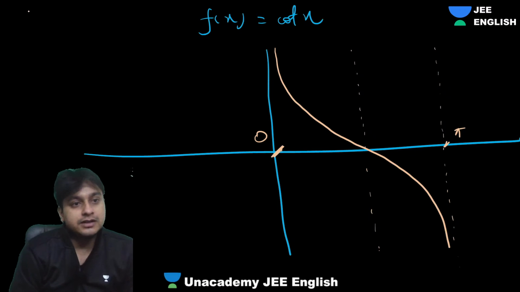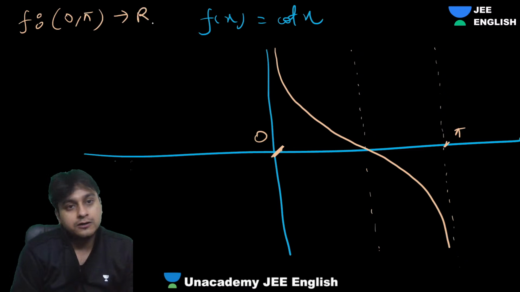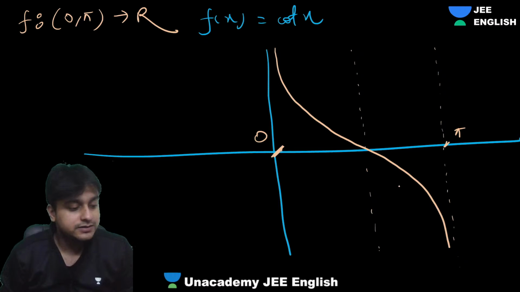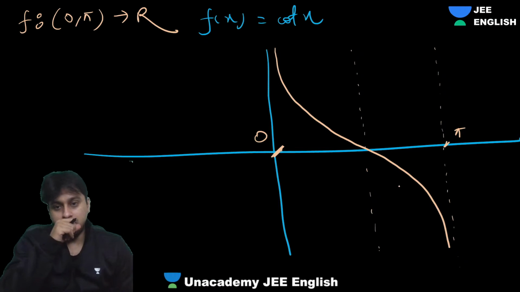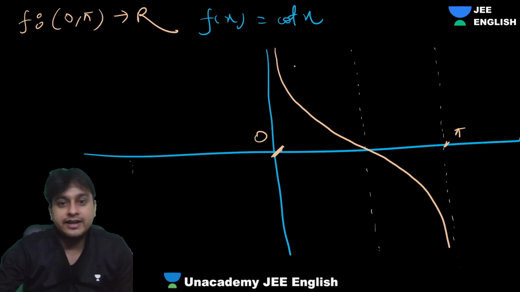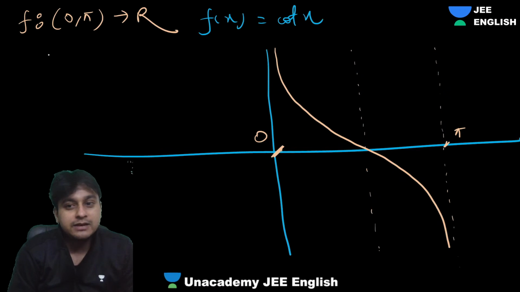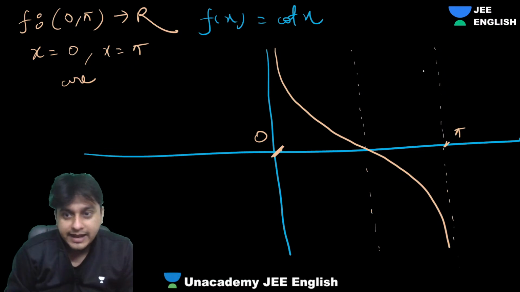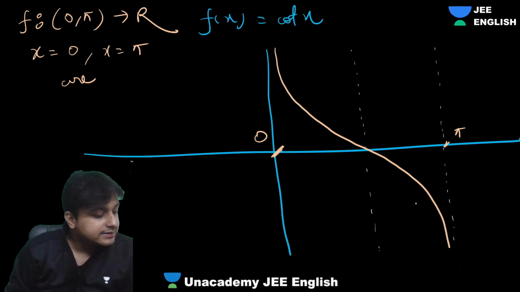So now I have just converted this function from open 0 to pi to R. Now this is ready to get inversed, right? Ready to get inversed? Yes. So guys, I would quickly see the asymptotes. Now guys, come on, tell me the asymptotes. What are x equals 0 and x equals pi? Are asymptotes, right? Asymptote. Have a tangent at infinity. These are the asymptotes.